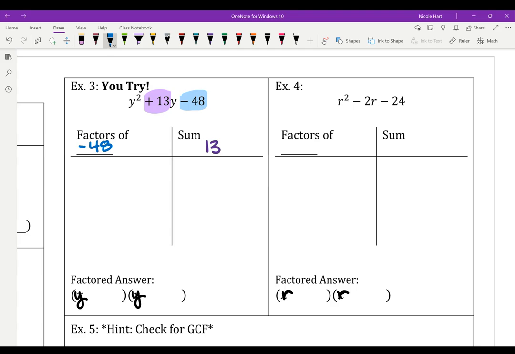patterns. I'm sitting here looking at negative 48 and 13, and I know that negative 1 times 48 makes a negative 48, but negative 1 plus 48 is definitely not going to equal 13. So you might be able to skip one or two factors to jump up and get some higher numbers that we need.